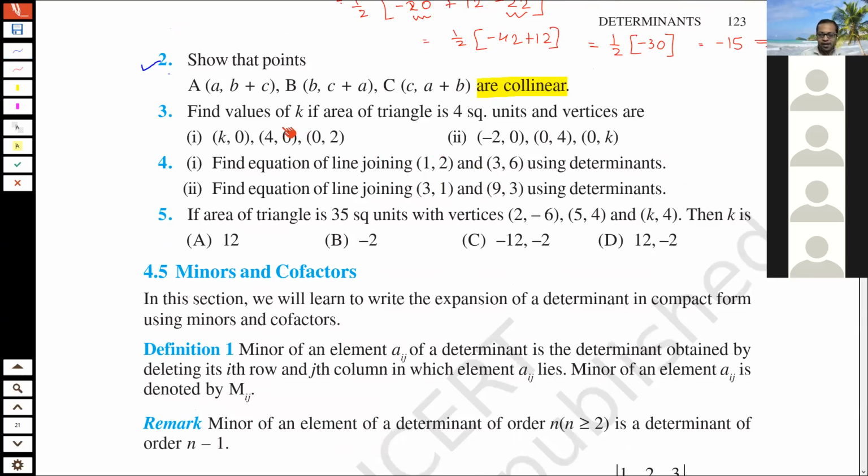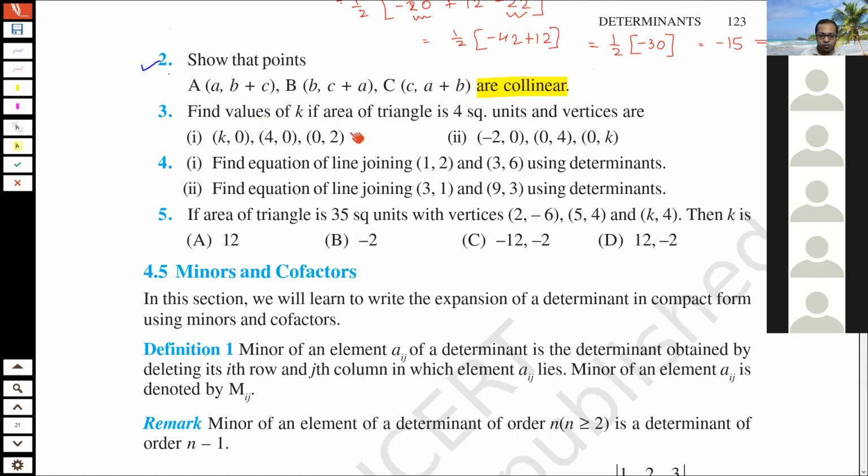So here we go. Find the values of K. Akshat, can you please read this question? Find the values of K if the area of triangle is 4 square units and the vertices are first one K comma 0, 4 comma 0, 0 comma 2.